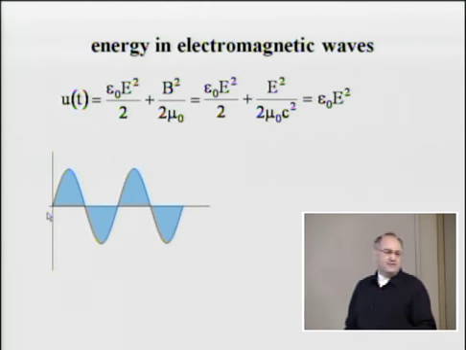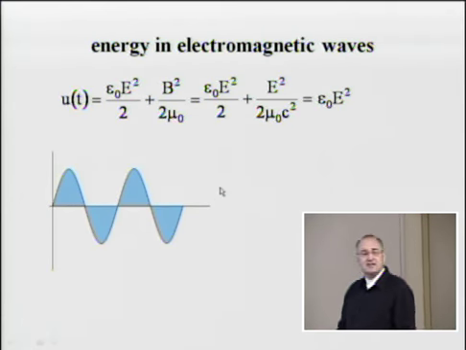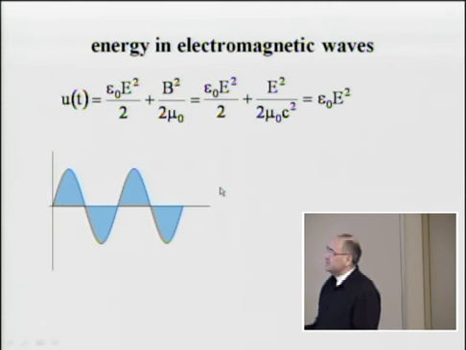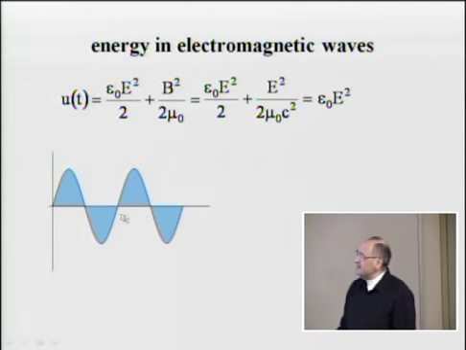So if we froze the wave, because this plot is at a particular instant, we could recognize that at this point energy density is 0. Now let's find points where the energy density has the highest value. So how about here?